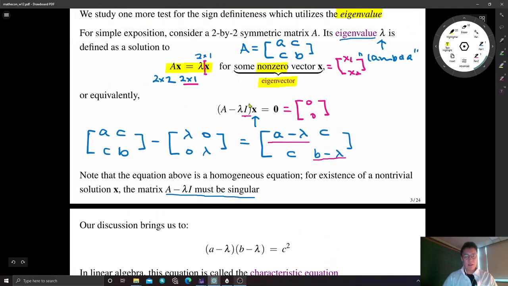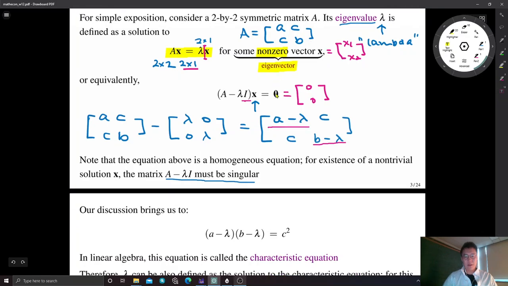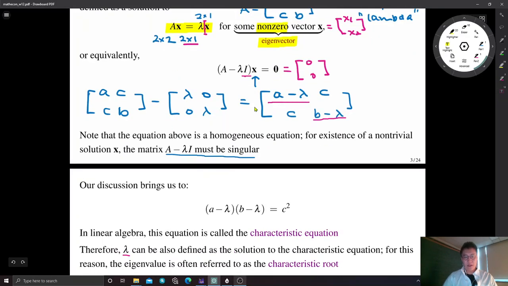Now, in this example, we worked with a 2 by 2 matrix. But if we worked with a 3 by 3 matrix, then the determinant of this coefficient matrix is going to give a cubic equation. In the case of an n by n matrix, the characteristic equation is going to be an nth order equation.